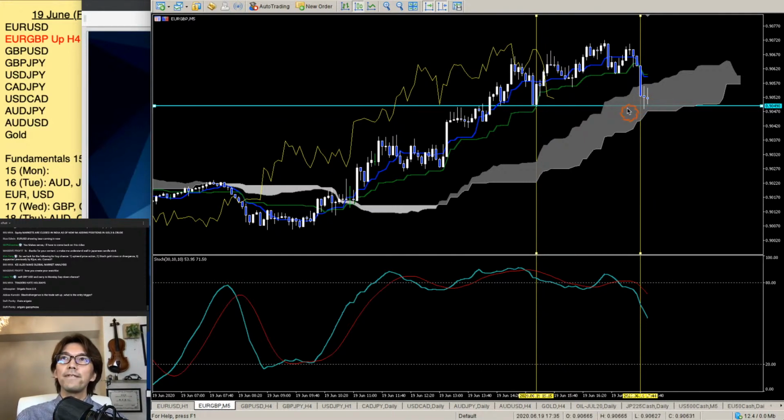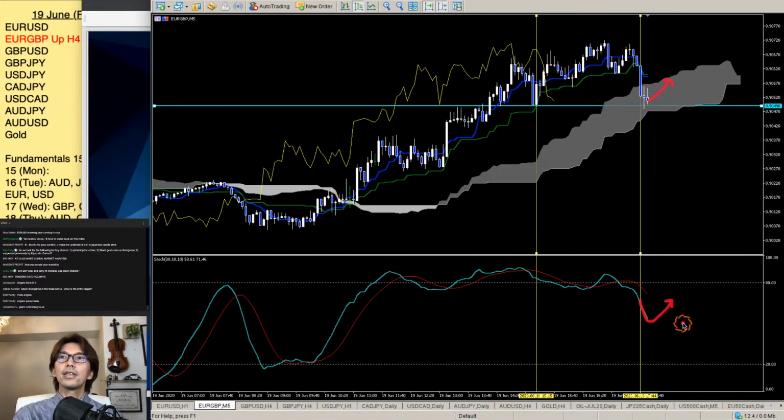But if the price goes upwards from here, then the stochastics will be retracing backwards too. And at that time, you will see there is a divergence on the stochastics, so you can look for the buy chance there afterwards.